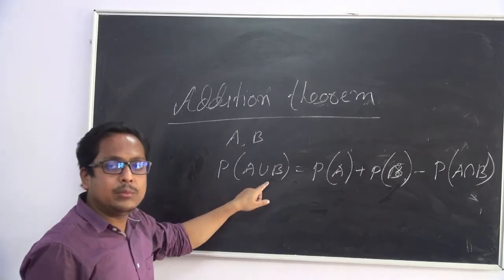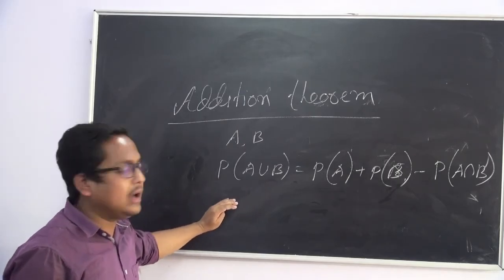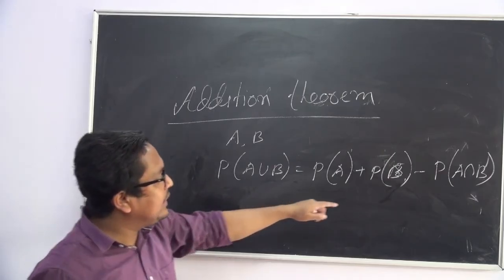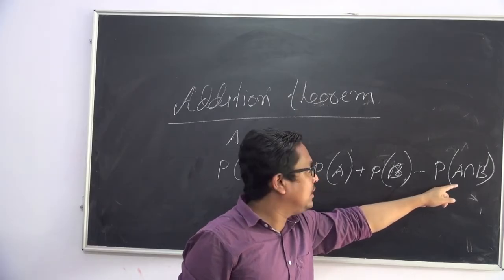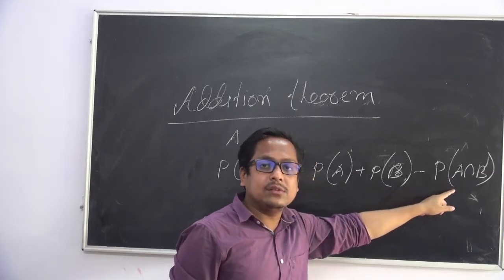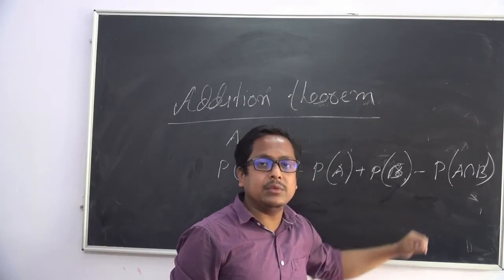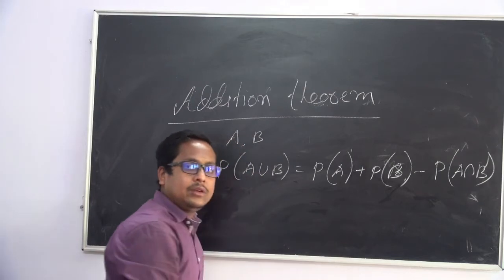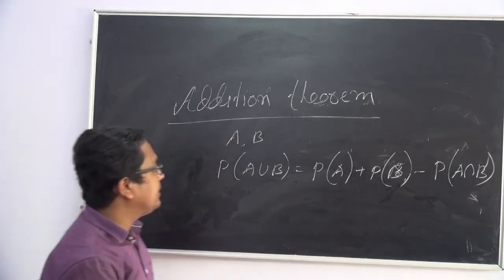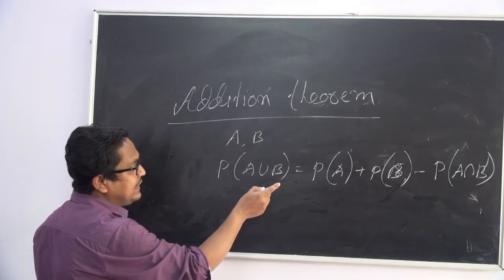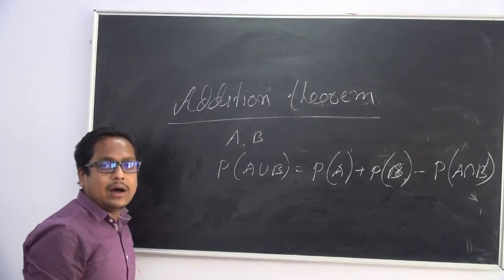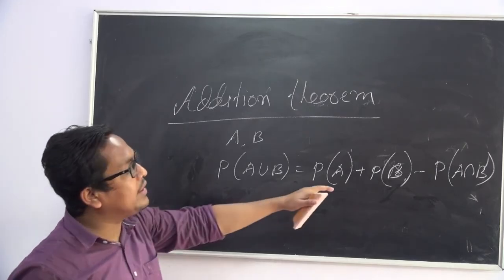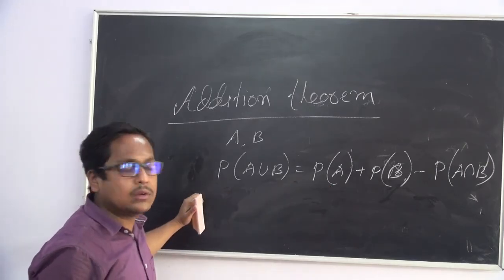Probability of A union B means the occurrence of either A or B or both, and A intersection B is the simultaneous occurrence of both events A and B. Here, if these two events are mutually disjoint, then probability of A intersection B will be 0.